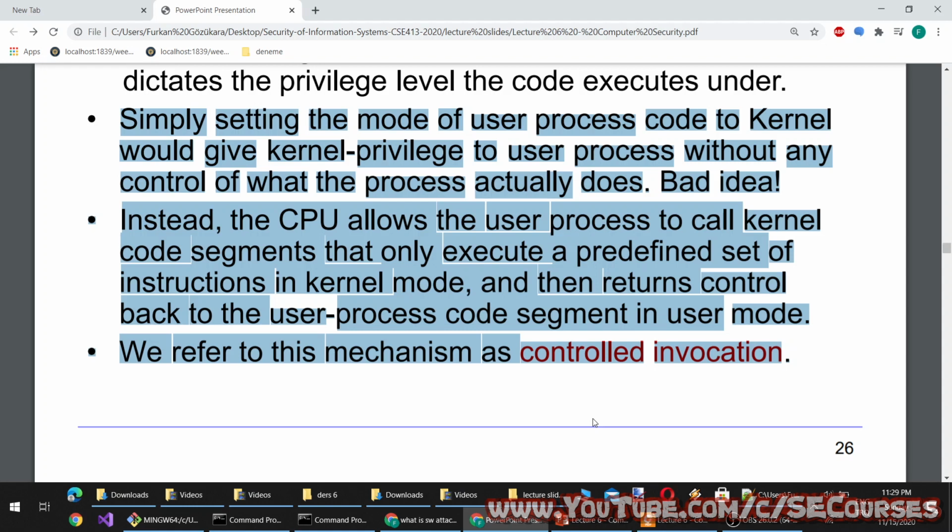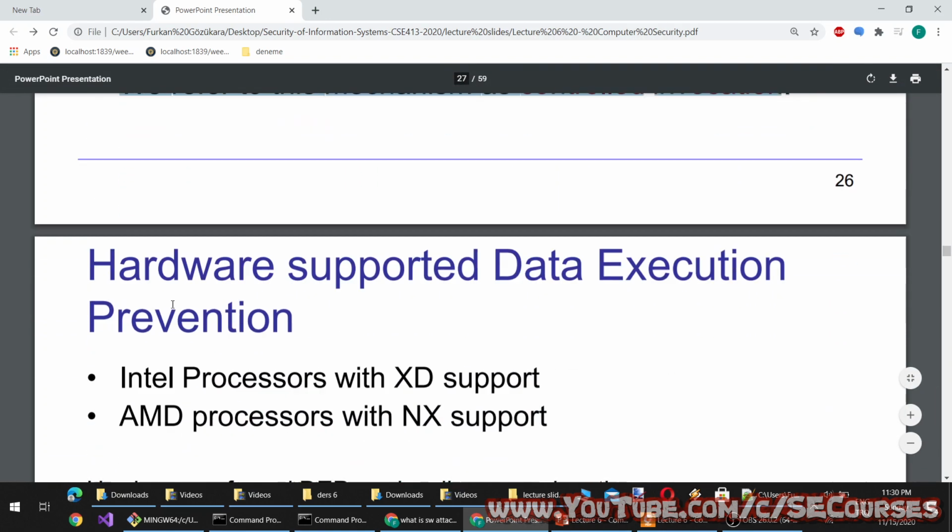Bad idea. Instead, the CPU allows the user process to call kernel code segments that only execute a predefined set of instructions in kernel mode, and then returns control back to the user process code segment in user mode. We refer to this mechanism as controlled invocation. Okay, it's pretty clear.